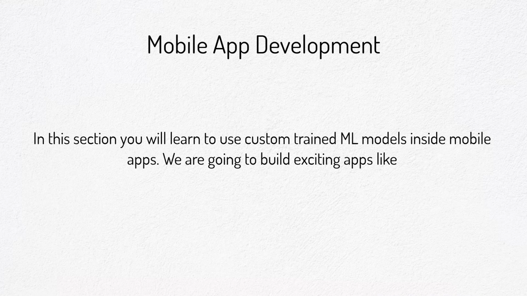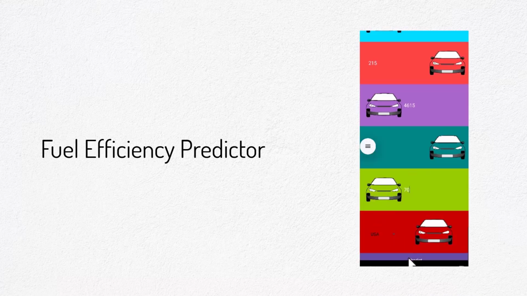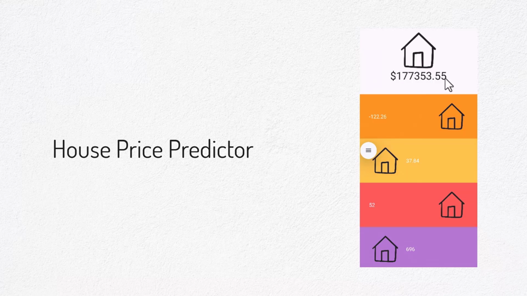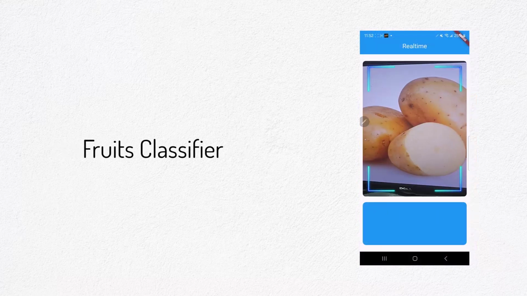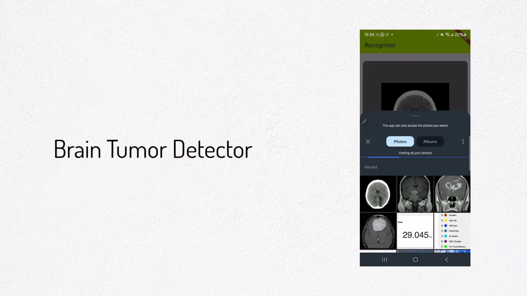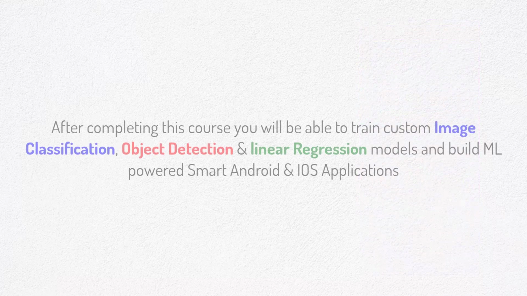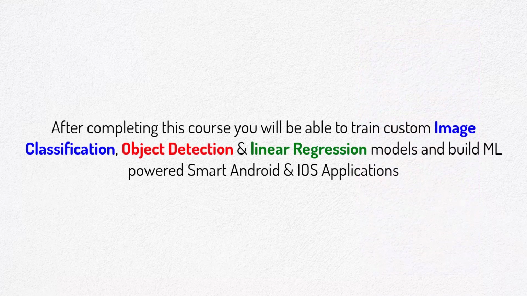And we are going to build exciting applications like a fuel efficiency prediction application, a house price predictor, a fruits classification application, a flower recognition application, a brain tumor detection application, and a fruit detection application. So after completing this course, you will be able to train your custom image classification, object detection, and linear regression models, and you will be able to use them inside both Android and iOS applications.